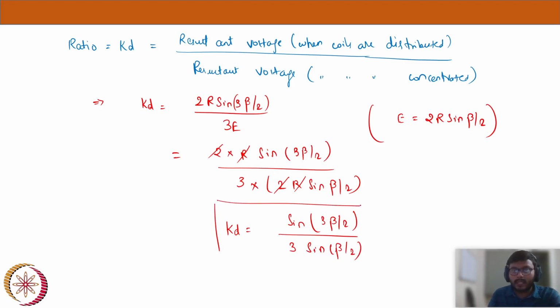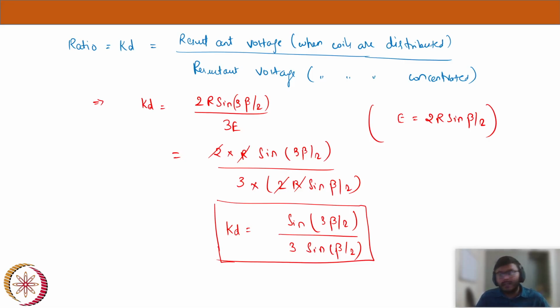So this is the ratio which we call the distribution factor, and this is the factor by which our resultant magnitude of voltage will reduce if we go for distributed kind of winding in place of concentrated winding.